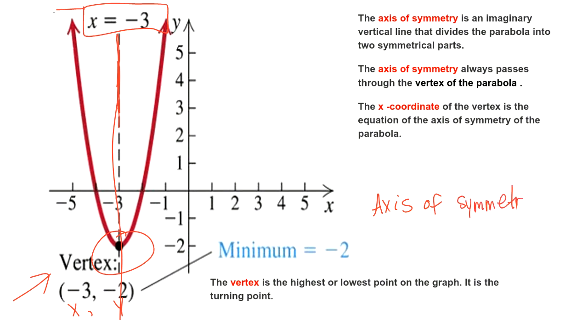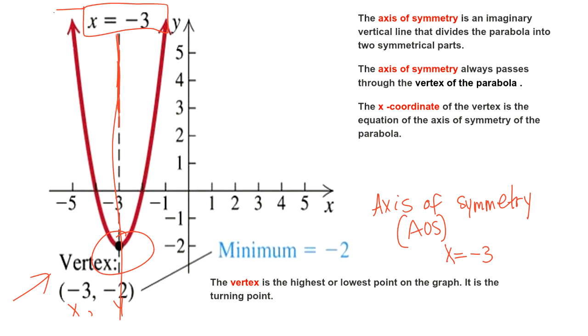Sometimes I write AOS is x is -3, because that's the point that it goes through. That's the vertical line that we draw to split it in half, and we split it through the x point of your vertex.